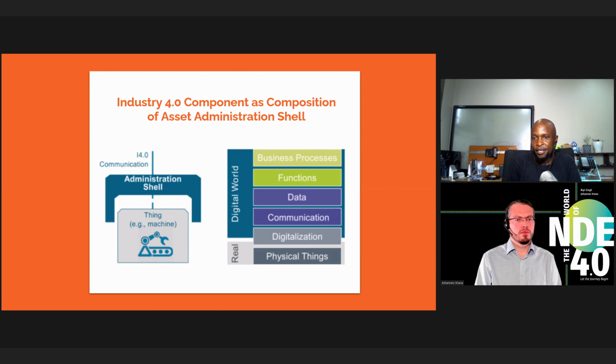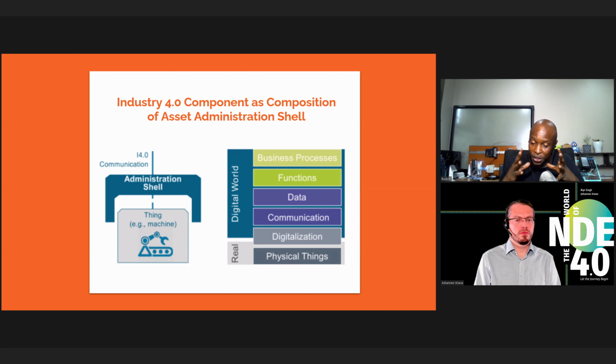Because in the previous sections of this presentation, I've been describing the layers of the components and things like that. But we've got that integration layer where we need to describe a component, whether it's a robotic arm, or a sensor, or a factory. Can we come up with a unified model of describing these components? That's what the asset administration shell is all about.